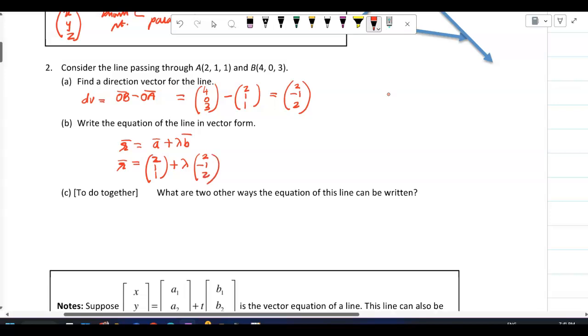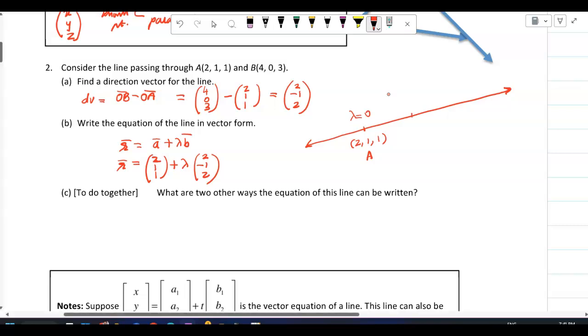Can't you take your known point as (4, 0, 3)? Yes. What is happening is that this is the vector equation in 3 dimensions. When your lambda is 0, what will your r be? (2, 1, 1). So when lambda is 0, it corresponds to (2, 1, 1), which is your point A. Now if you take lambda as 1, what will you get?